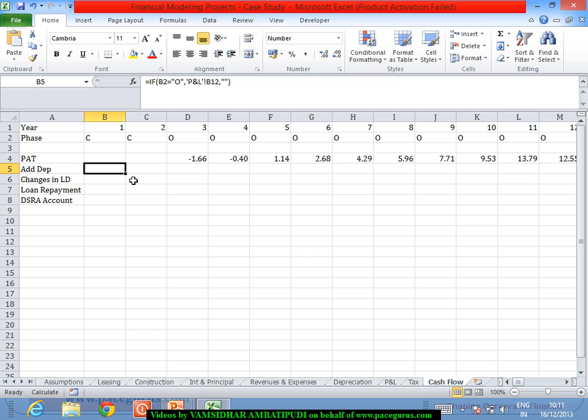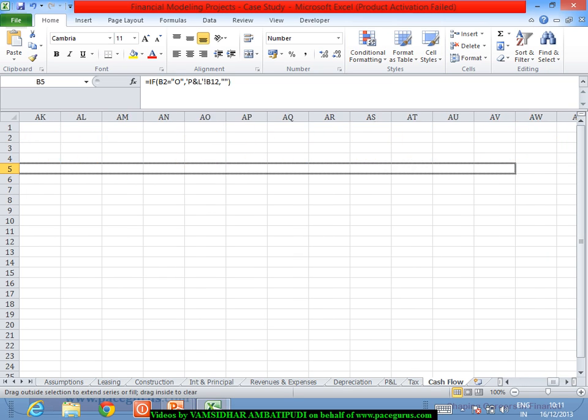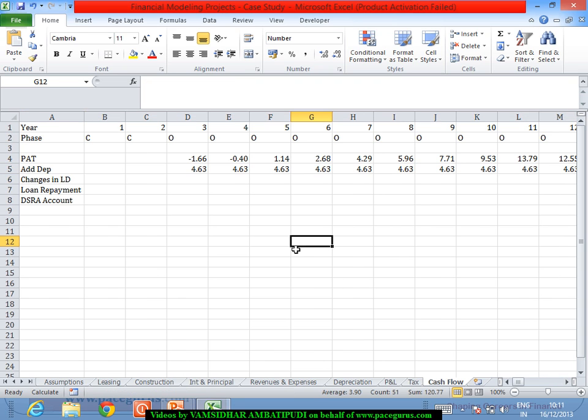So the same logic again, when I am adding up the depreciation, this is what is the movement of cash. So I am having some positive cash in each of the periods, because the depreciation is what is coming out.